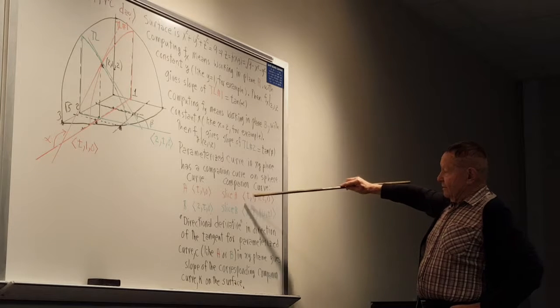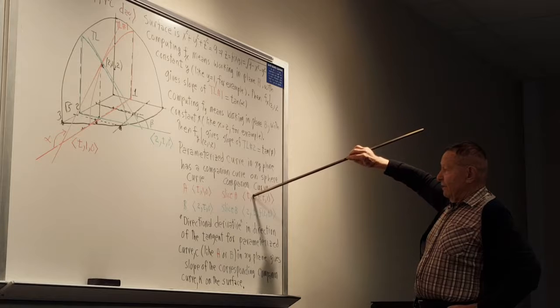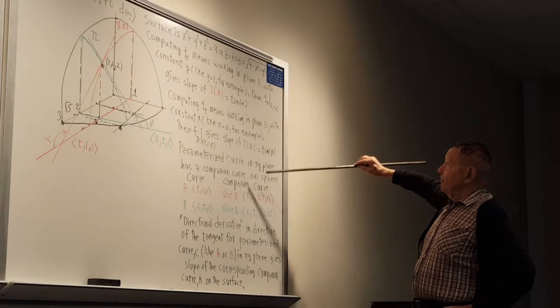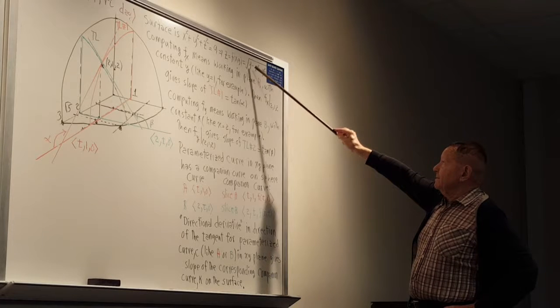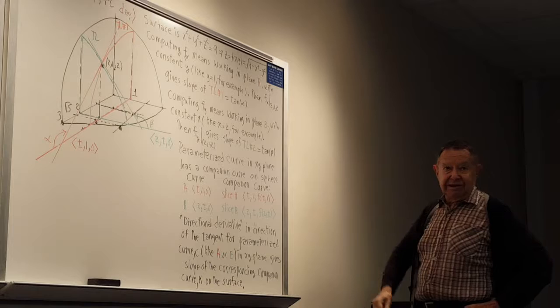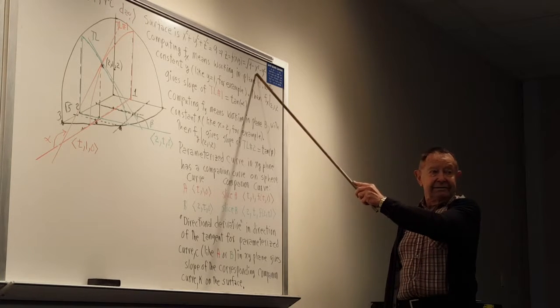So the space curve here would actually be t, 1, and then the square root of 9 minus 1, which is 8, minus t squared, if you wanted to parameterize that.